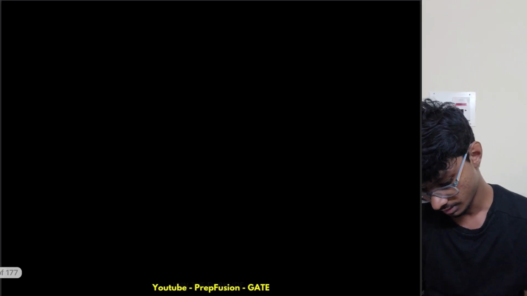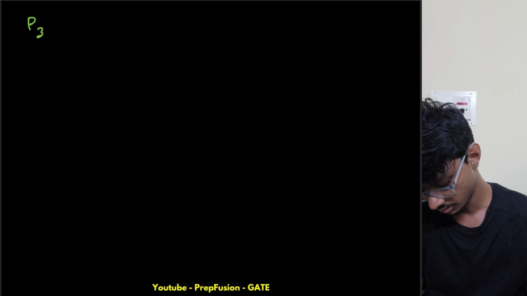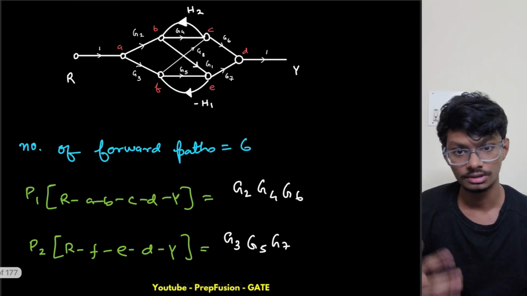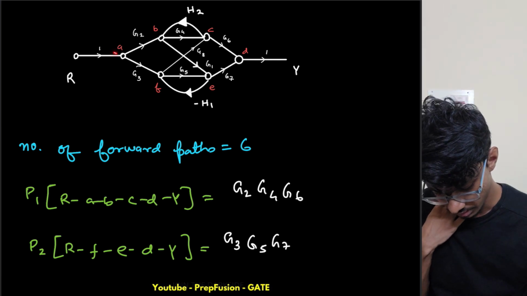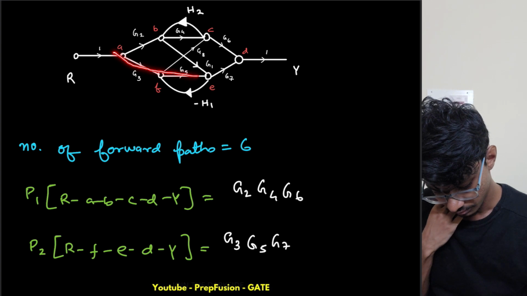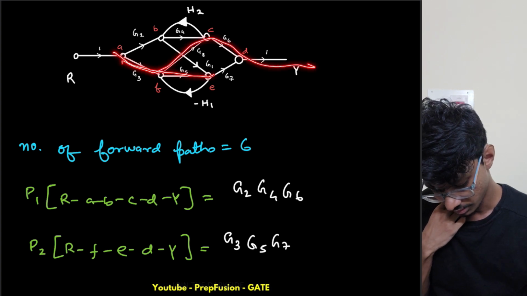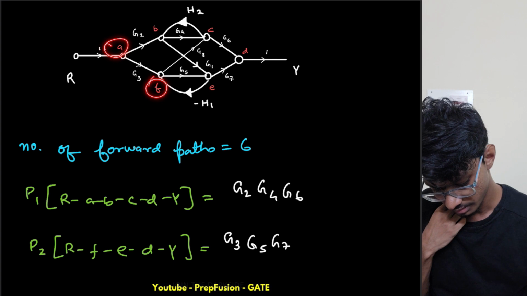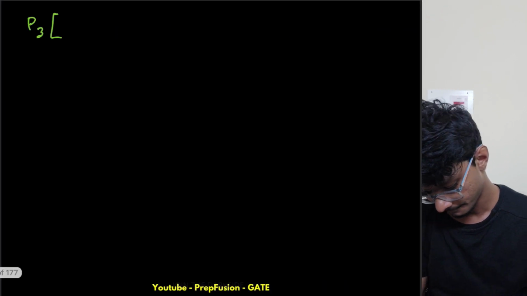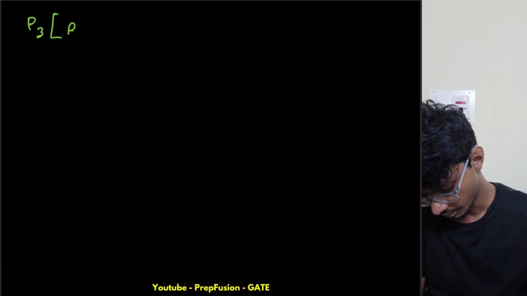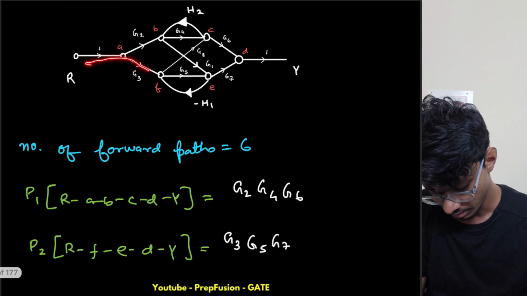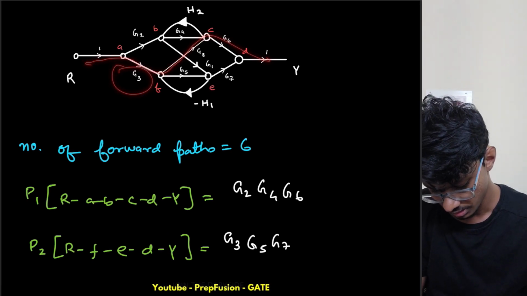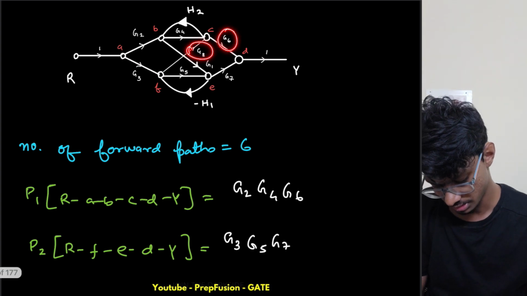Now the third forward path is this one that we talked about. It is A, F, C, D. So we have R, A, F, C, D, and then Y. We are going from here to here, so this is G3, G8, and G6.